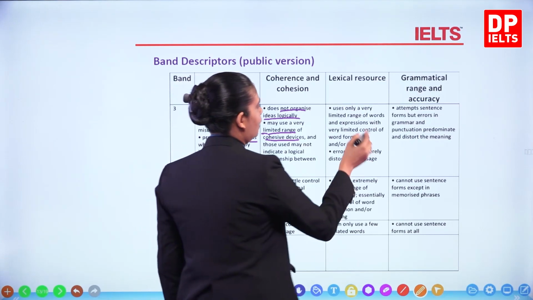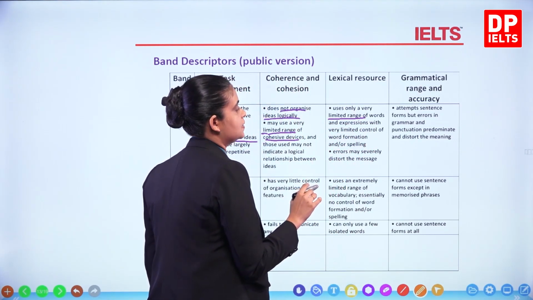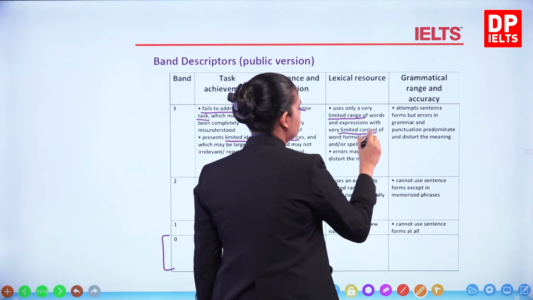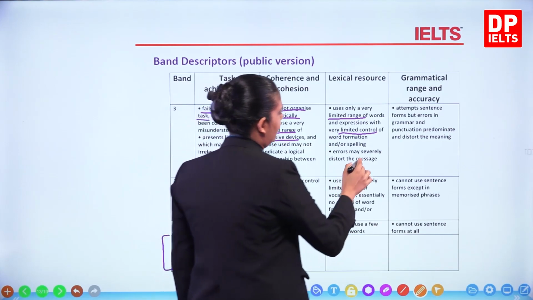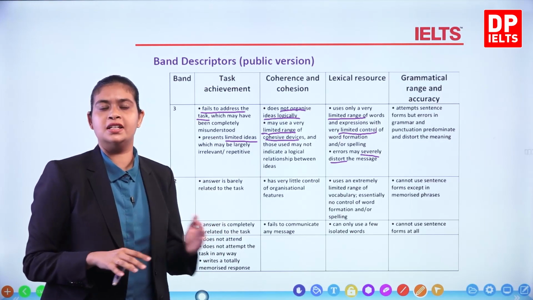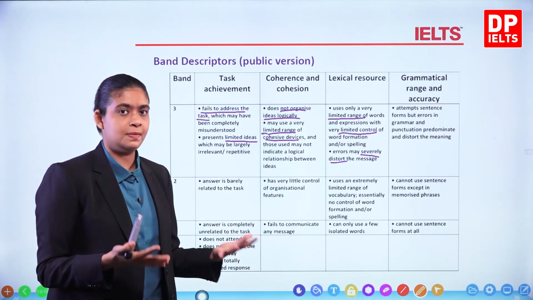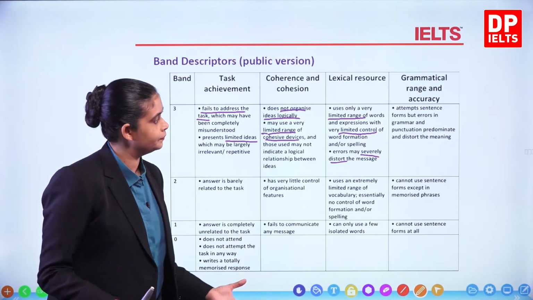You use a limited range of words and expressions, right? Limited control of word formation and also spelling, and errors really make it bad. That means we can't really understand the message, what you're trying to tell.